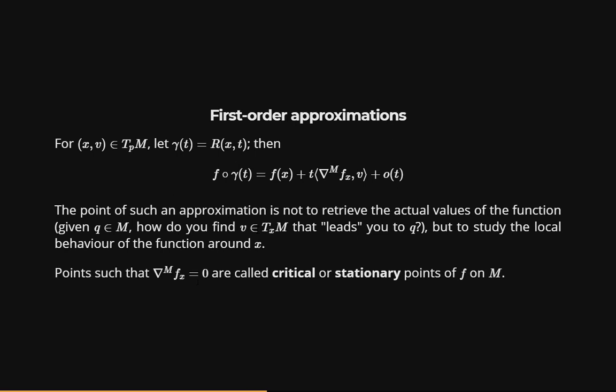That means that a point is a critical or stationary point for f if and only if this quantity vanishes, which is what we saw also the last time. Now, with these ingredients, we can write down a first-order optimization procedure.